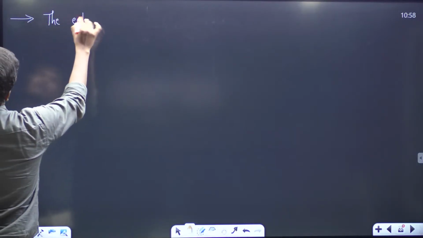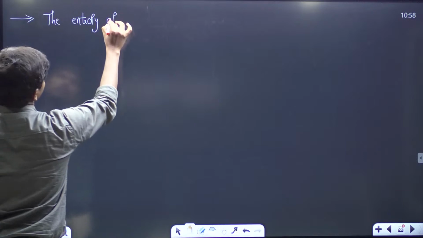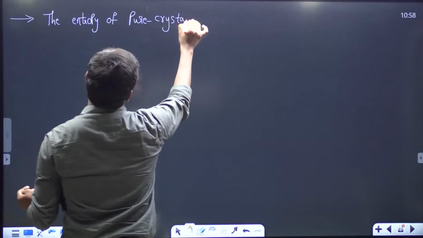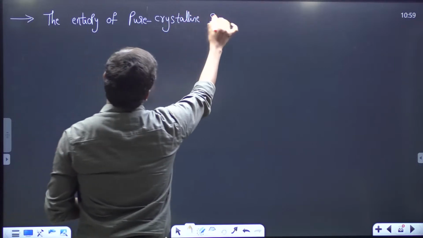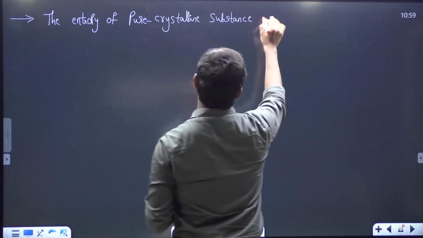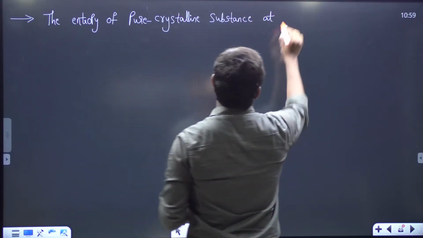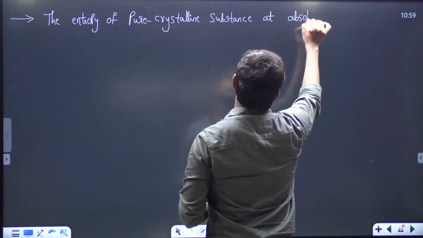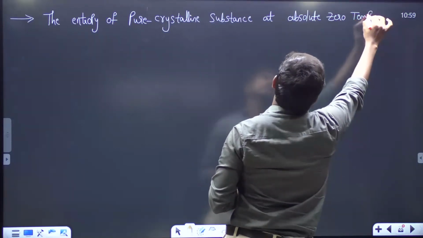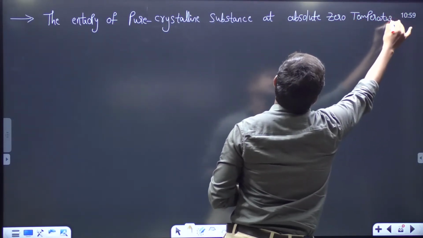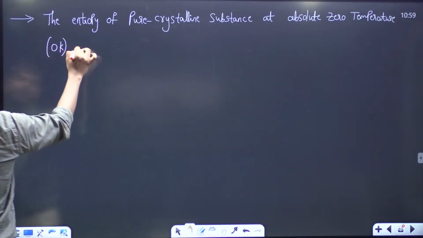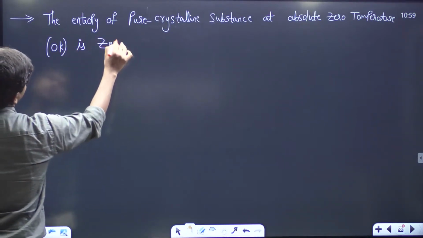The entropy of a pure crystalline substance at absolute zero temperature, 0 Kelvin, is 0.